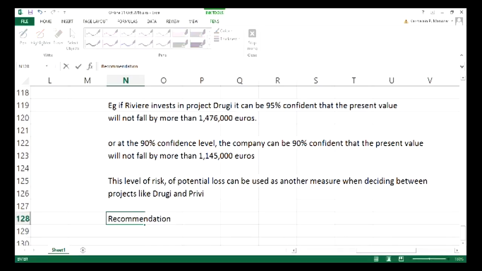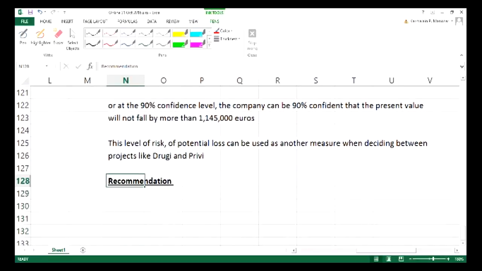Yeah, that's what I'm putting now, this little subheading for recommendation. So this little subheading area, that's where we're going to put in all the factors. So we could line them up, copy the first set for Privy, primary question, and then drop in all of the numbers we got for Druggy.